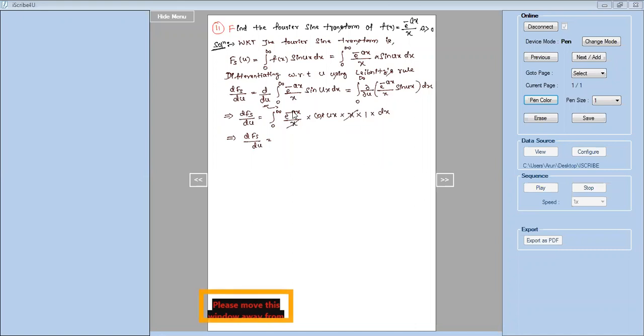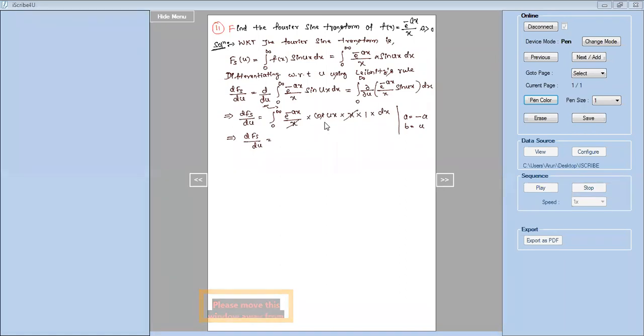So it looks like e power ax cos bx, where a is minus a here and b means u. We can apply the formula for e power ax cos bx. What is the formula?